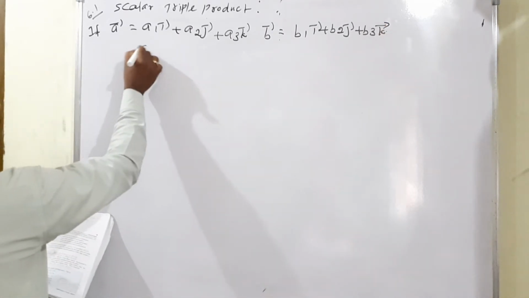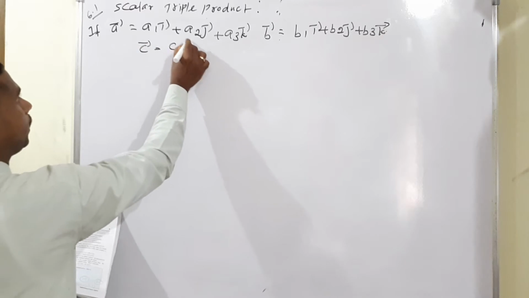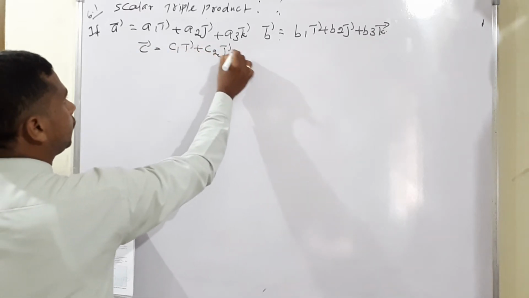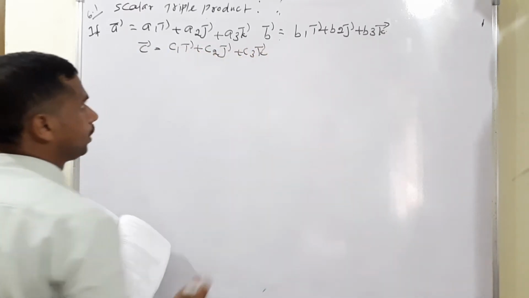Then c vector is equal to C1 i vector, C2 j vector, and C3 k vector.